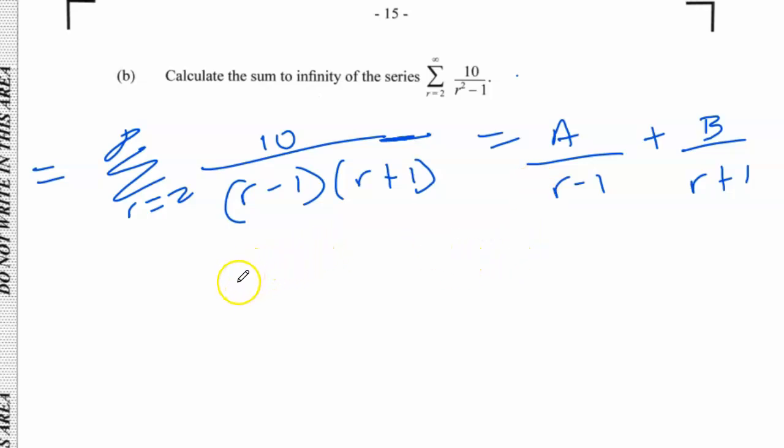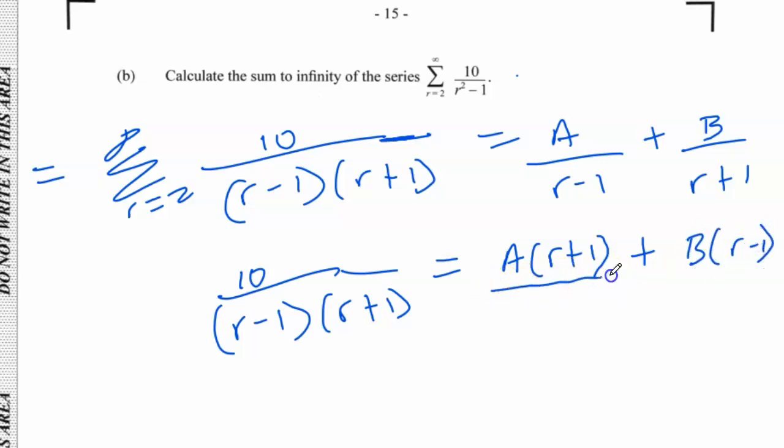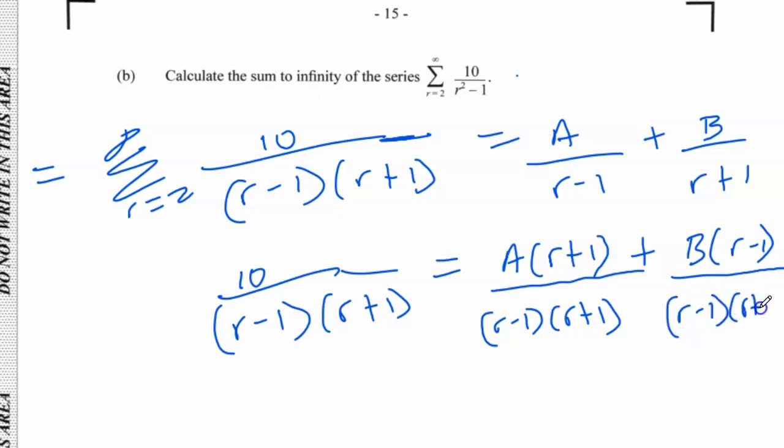This would mean that 10 over r minus 1 times r plus 1, let's rewrite it into partial fractions, is equal to a times r plus 1 plus b times r minus 1, of course both of these over the denominator r minus 1, r plus 1.